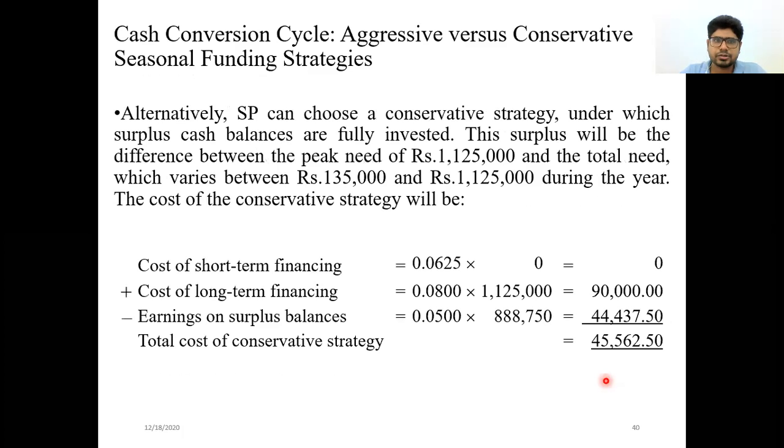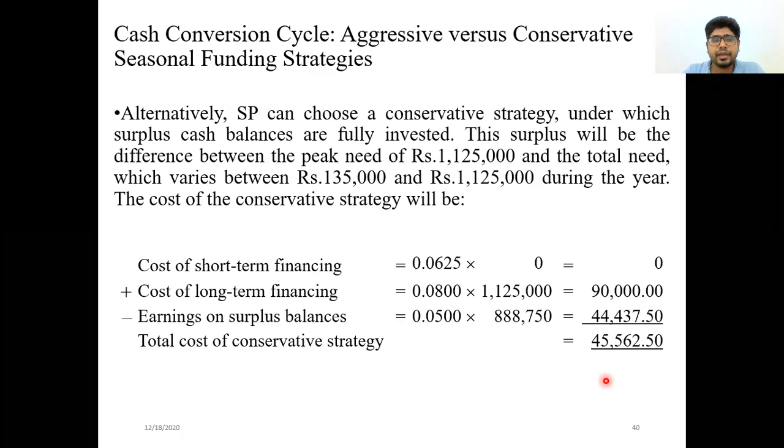Right, good. Then we move to this. It is different here: in the conservative policy, both permanent and temporary working capital are funded by long-term finance. They do not go for short-term borrowing.